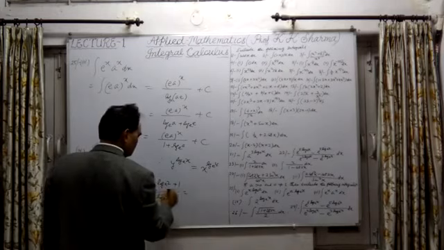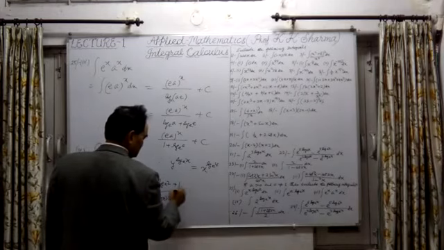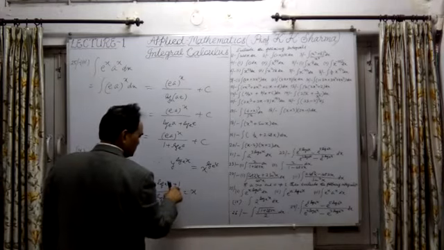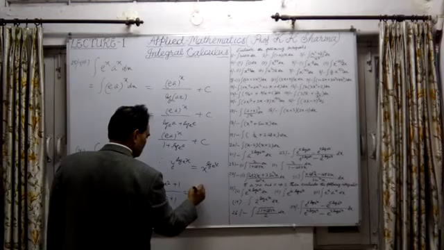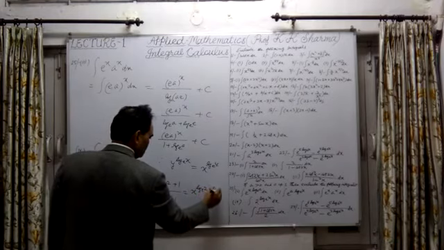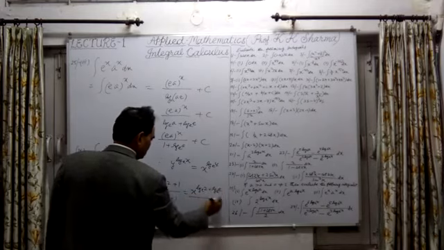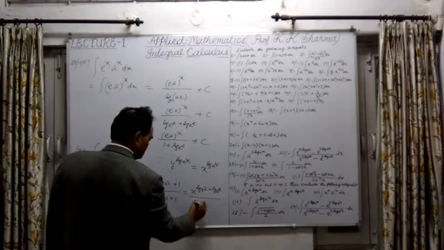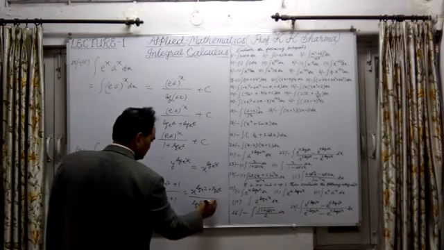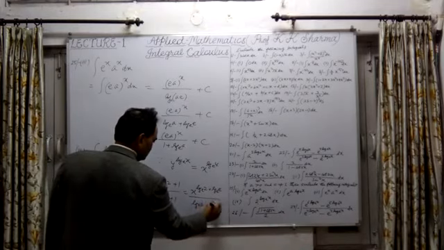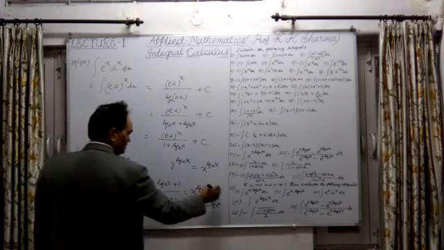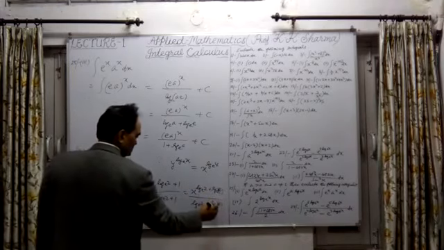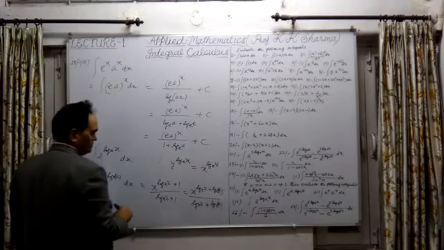In the numerator, it can be further written as x raised to the power, where this 1 can be written as log of e to the base e. So this is log of 2 to the base e plus log of e to the base e, divided by log of 2 to the base e plus log of e to the base e. Base e is like this.